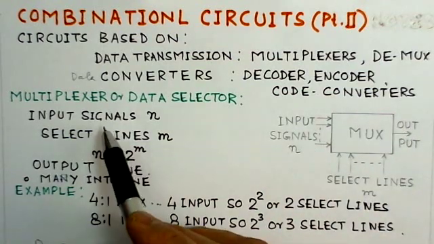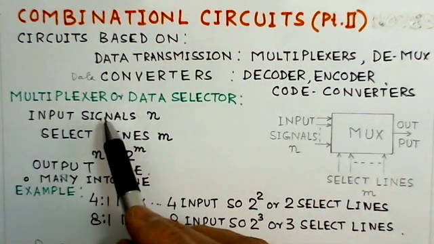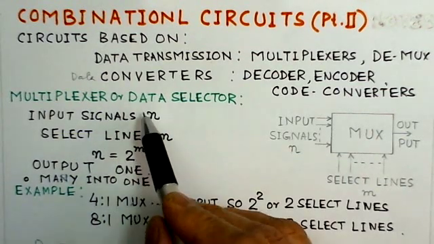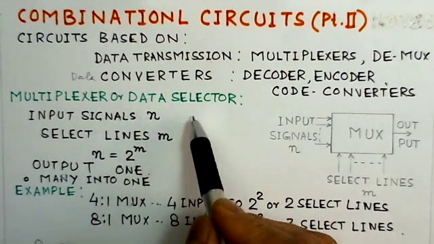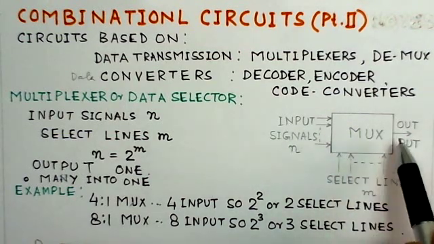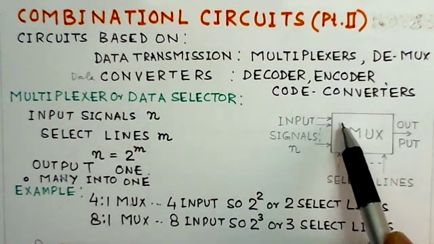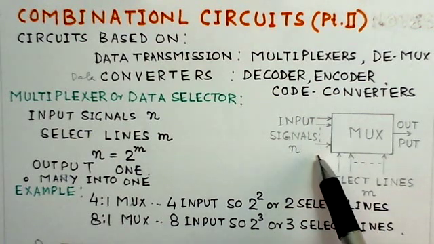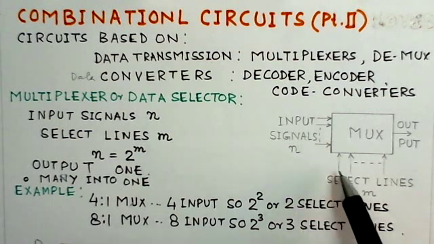So we start with the topic of multiplexer. This multiplexer is also said to be a data selector, and if we look into the block diagram of this circuit, we notice there are n input signals.